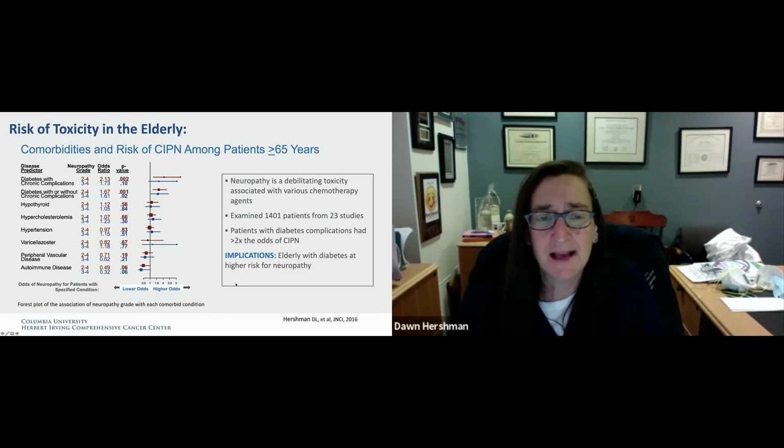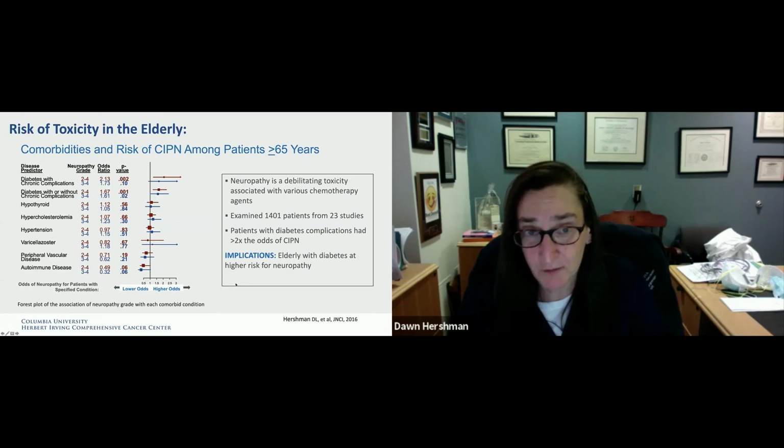By doing that, it gives us insights into elderly patients and what their risks are. And we found that elderly patients with diabetes specifically had a twofold higher risk of the development of neuropathy when they were on a clinical trial of an agent that was known to result in neuropathy, such as taxane.